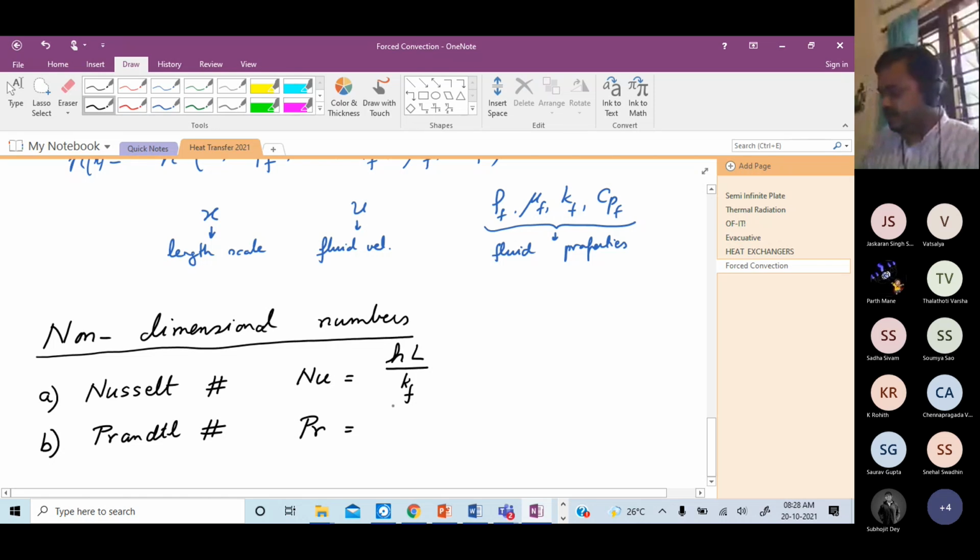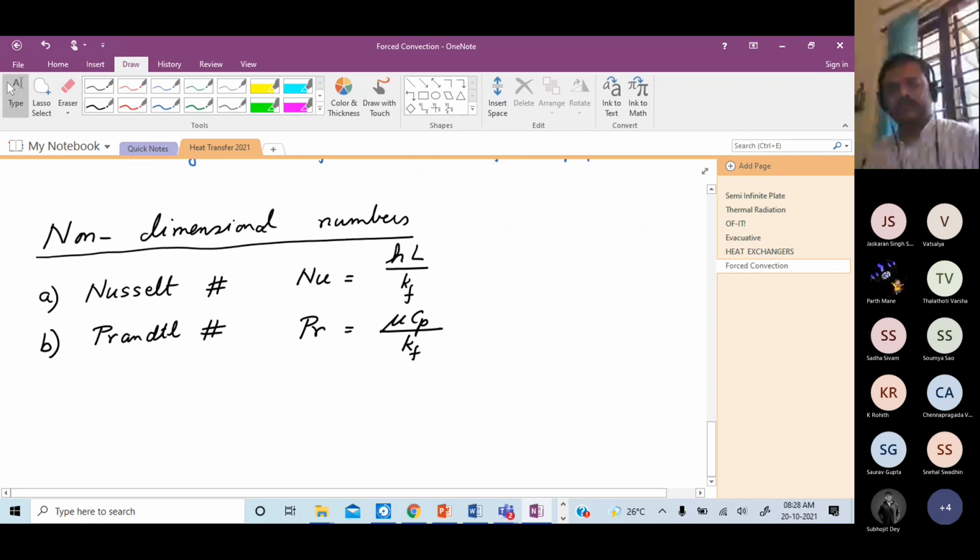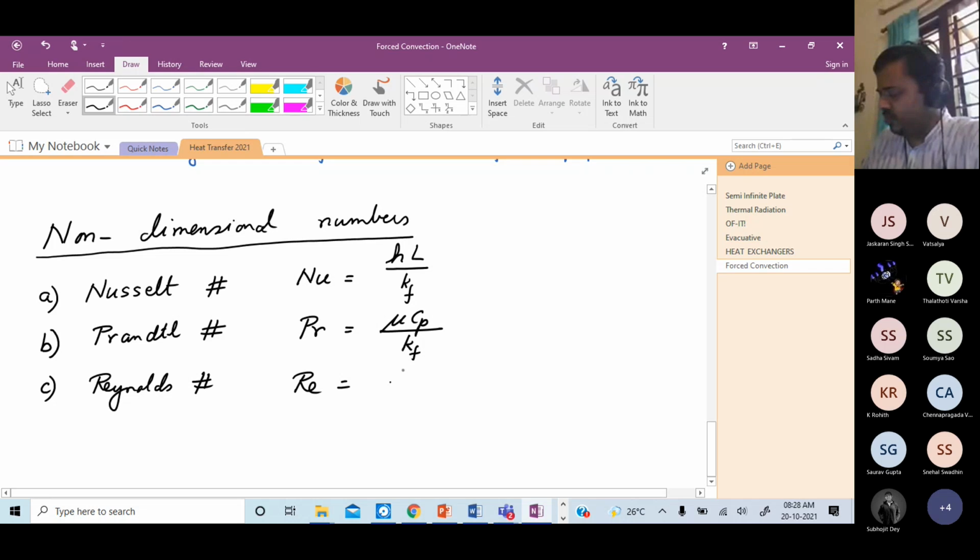Prandtl number is mu Cp by K. And the third one you already know, that is Reynolds number, given by rho u L over mu, or UL over nu.